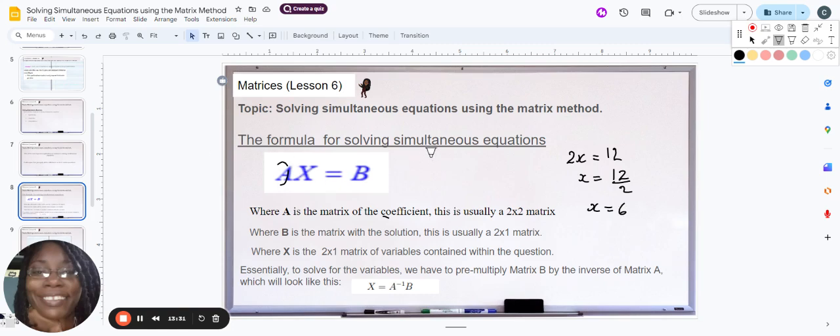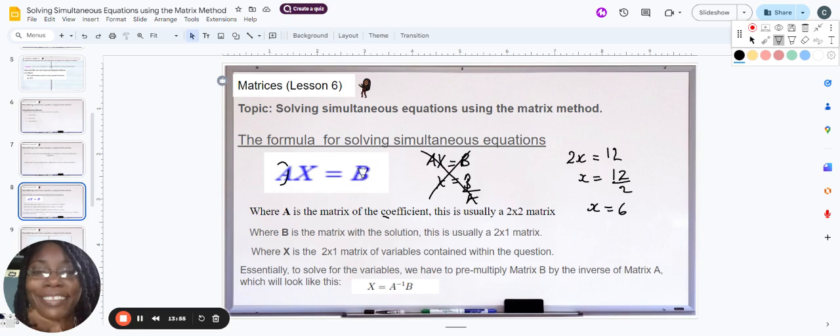Since this is the formula for matrices, and we are going to try to find what x is, if it was algebra, you'd have told me x is equal to b divided by a. But we cannot do this for matrices. We cannot divide. We don't divide a matrix into another matrix.